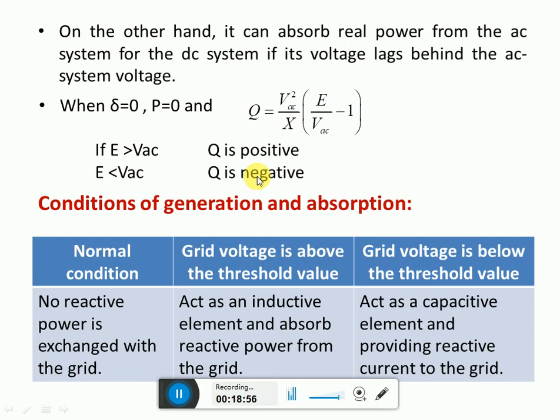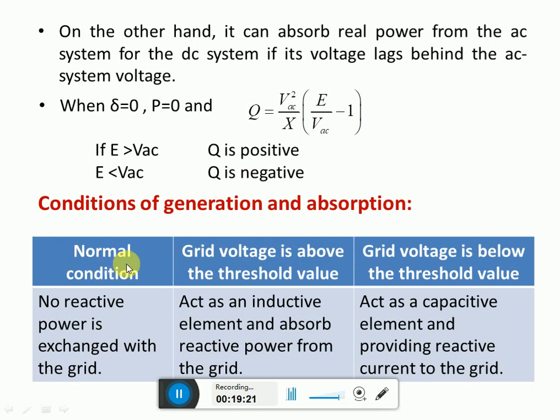Now let's see the conditions of generation and absorption of reactive power. Under normal conditions, if the voltage of the AC system, VAC, is within the prescribed limit, there will be no exchange of real and reactive power with the AC system.